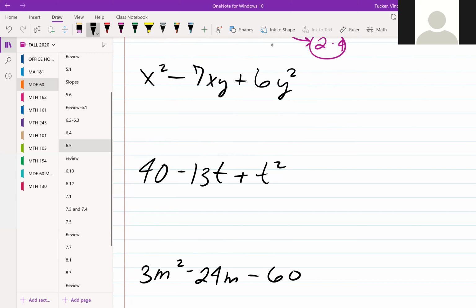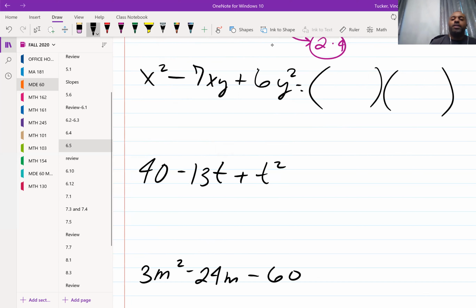It's got x to the second, so will we use y and x in the parentheses? You got it, you have to use y and x in the parentheses, so one would be y and one would be x.